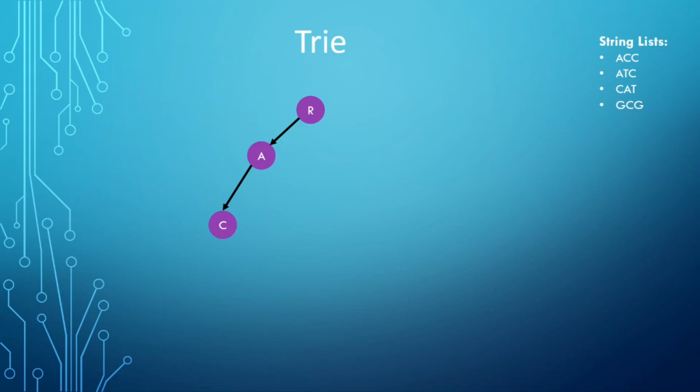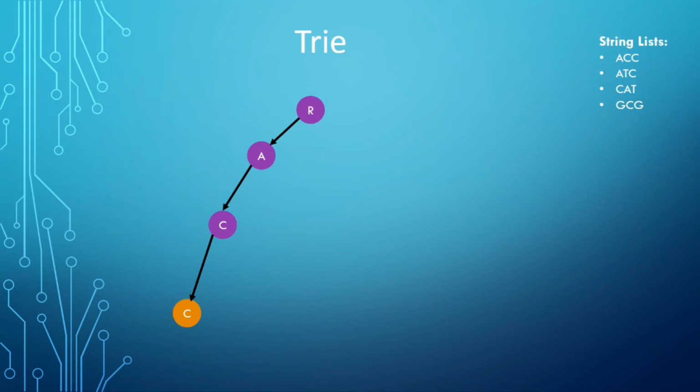No. So we make a state which is also C. We came from node C to node C. It is our final state and also a child of C. By coming to the final state, my first string is done. Here it is A, C, C.